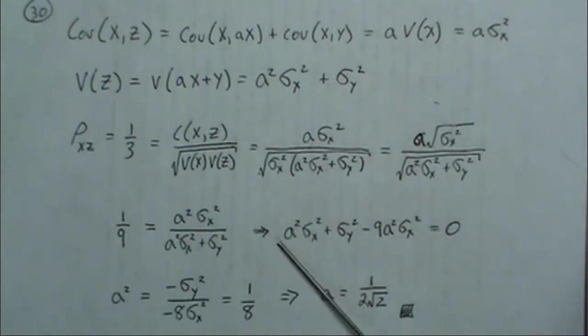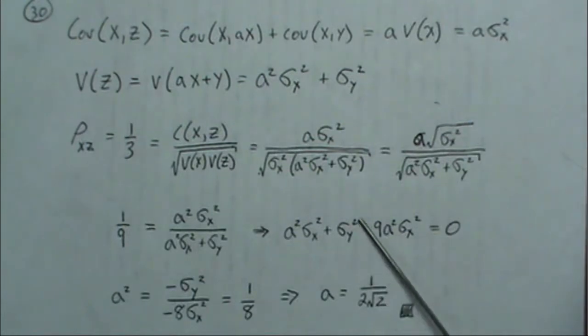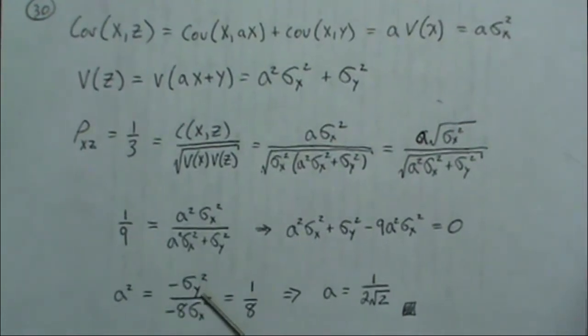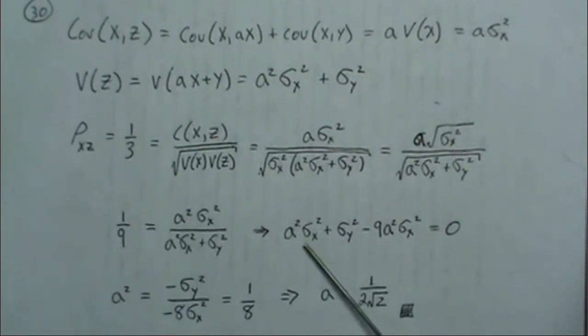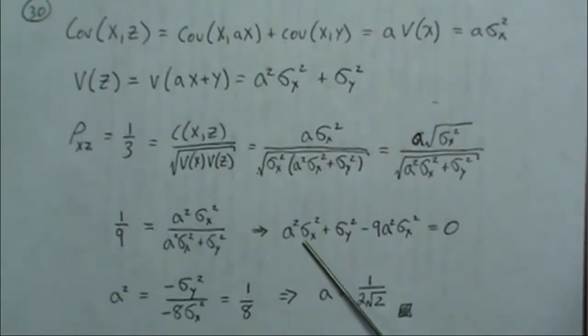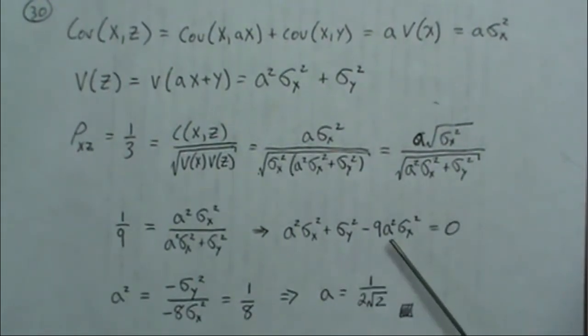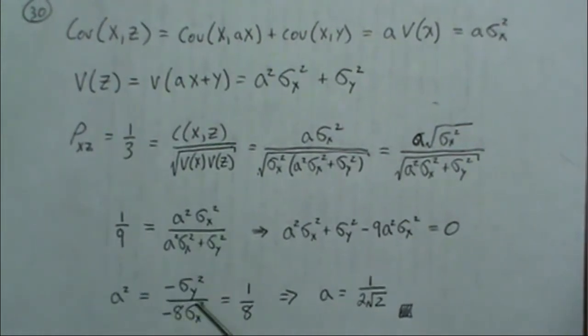And we get this. Now we're going to solve for a squared. So this piece we're going to subtract over. That's why we get the minus sigma y squared. This is minus 9 a squared sigma x squared, and this is 1 sigma x squared. So that's minus 8 a squared sigma x squared. So then we divide by this piece here.